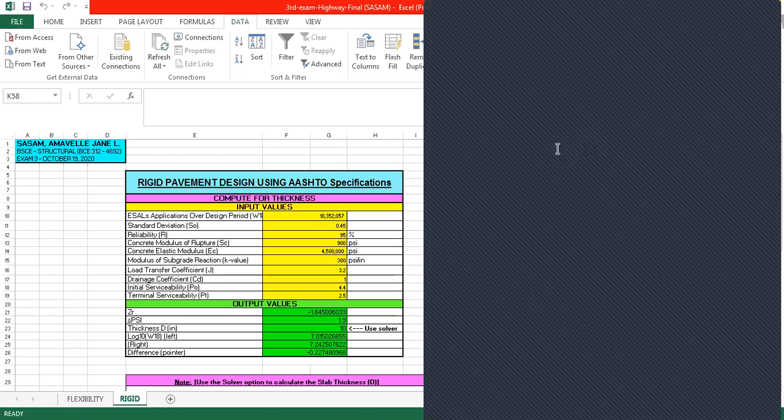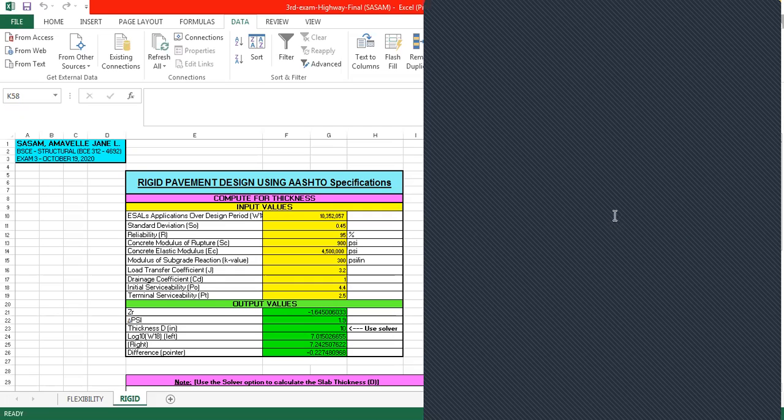And for design, the daily car, pickup truck, and light van traffic is 20,000, and the daily truck traffic consists of 200 passes of single-unit trucks with single and tandem axles, and 410 passes of tractor semi-trailer trucks with single, tandem, and triple axles. The axle rates are this one. We already provided all of the given data.